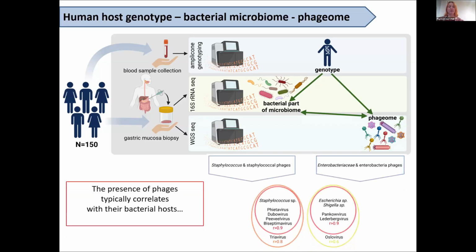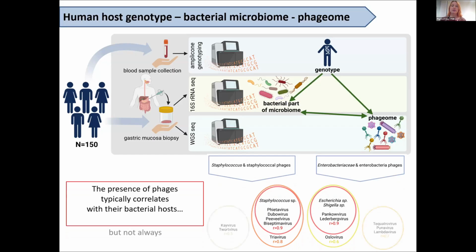The first thing we observed was what we expected: phages do correlate with their hosts. It's a very natural expectation that when we have a bacterial sensitive host, we expect to have phages in the same place, in the same ecological niche.